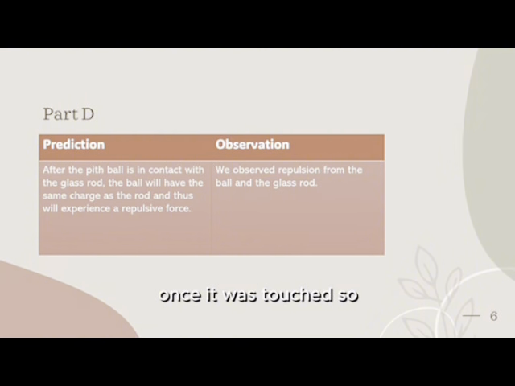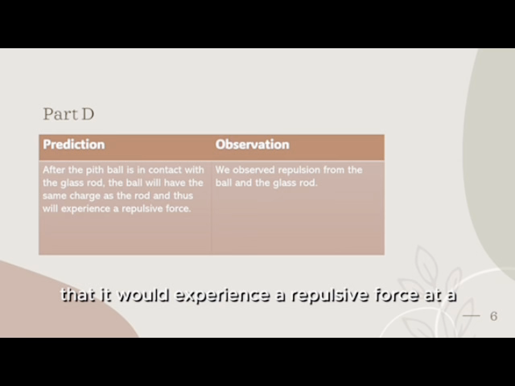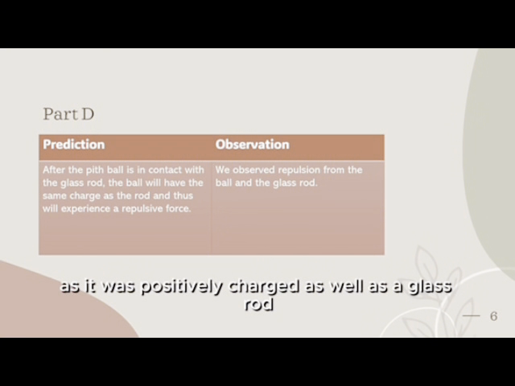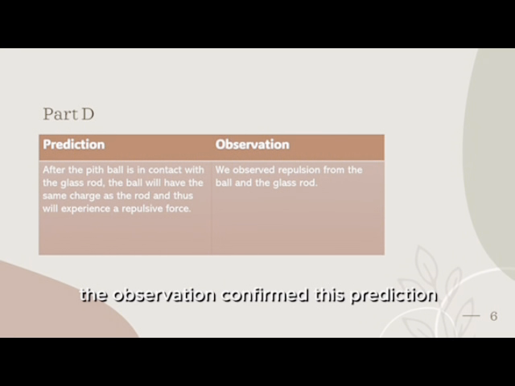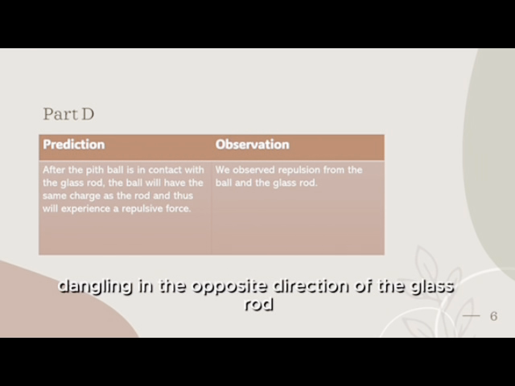So we assumed and predicted that it would experience a repulsive force as it was positively charged as well as the glass rod. The observation confirmed this prediction, as we saw a repulsive force with the ball dangling in the opposite direction of the glass rod.